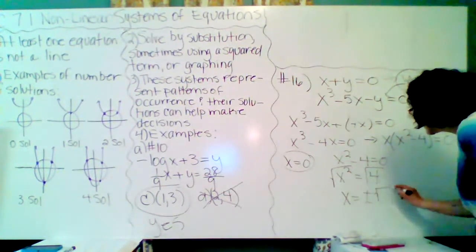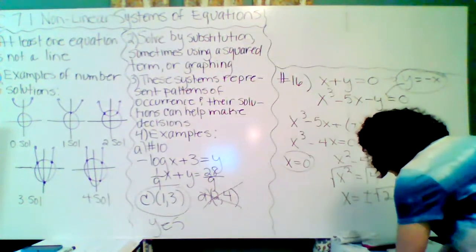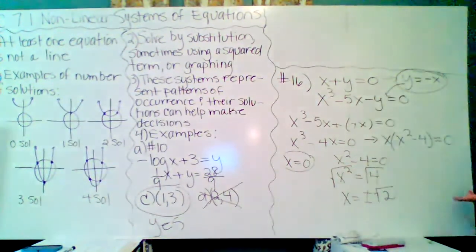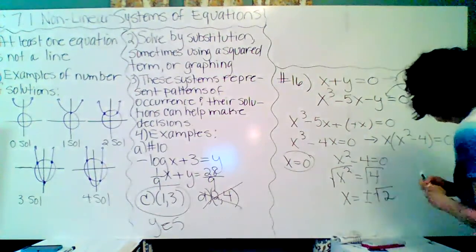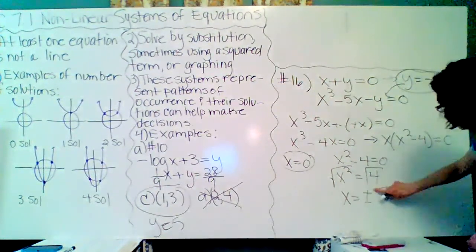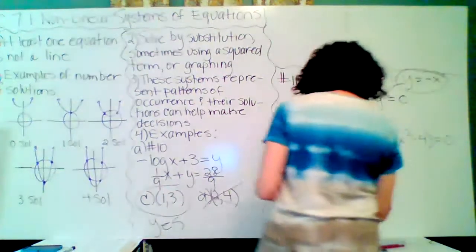Now, notice in your book, when you look at the graph, that you actually do see that there's 3 solutions, 1, 2, and 3. Plus or minus 2.